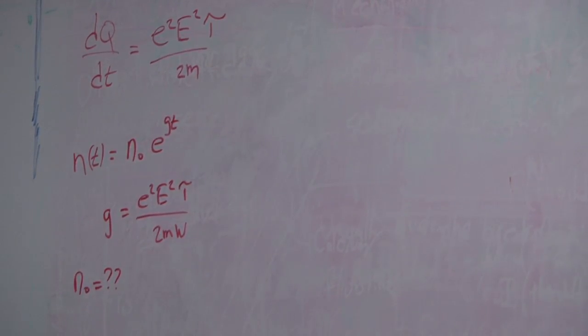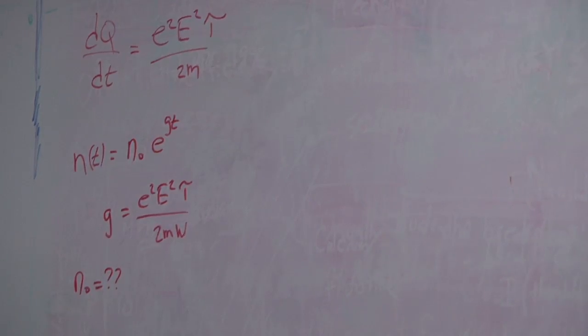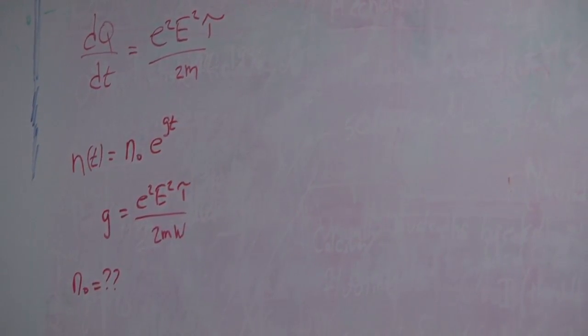Now, what is n naught? How in the world do we know n naught? N naught is the number of free electrons that are present in the absence of laser excitation. Well, semiconductors can be doped, and doped semiconductors have an electron concentration just by the chemical makeup of the material.